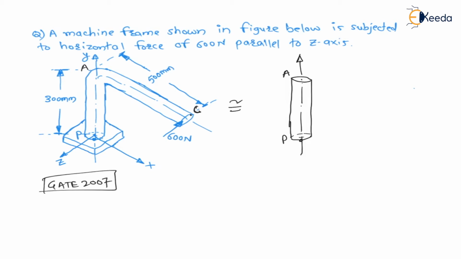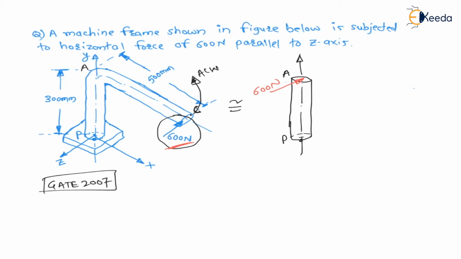Now if I want to transfer this 600 Newton load, can you imagine this 600 Newton load is creating a moment on AP link in anti-clockwise direction, right? Now put this moment created by this 600 Newton here. Any force we can transfer at any location. Therefore if I want to put this 600 Newton from C at A, then I can put directly as 600 Newton. But along with this force, whatever may be the moment created at A, this also we have to transfer.